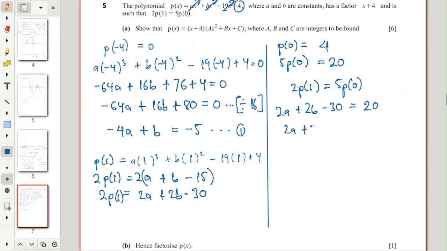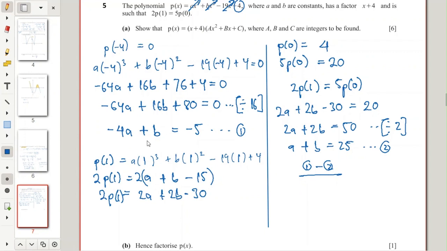So when this one comes here, it's 50. Okay, I can divide throughout by 2. So this will give me a plus b is equal to 25. Equation 2. So what can I do? Let me do equation 1 minus equation 2 and see what I'll get.